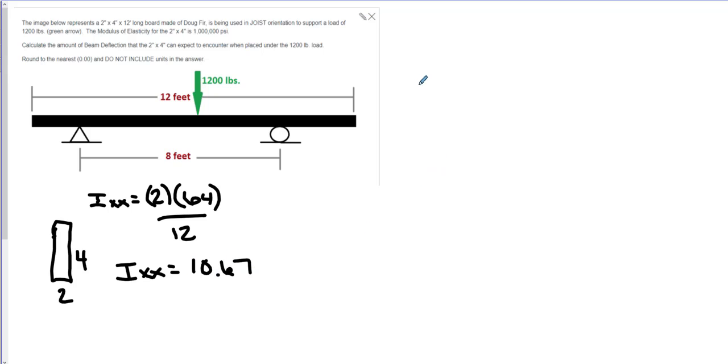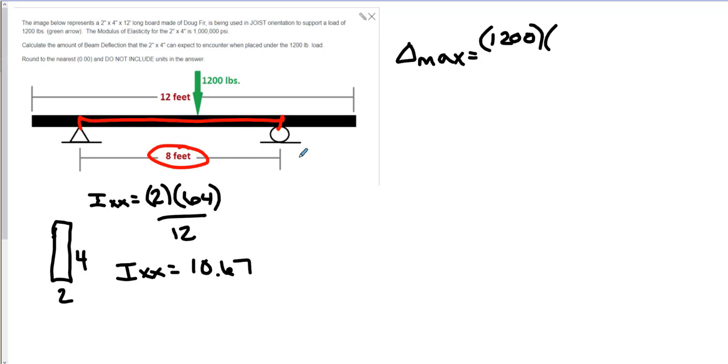Okay, so the beam deflection equation is force times length. Previously I told you that the length you need to use is the length between the supports, and it needs to be in inches. So you needed to convert 8 feet to inches, which is 96 inches.